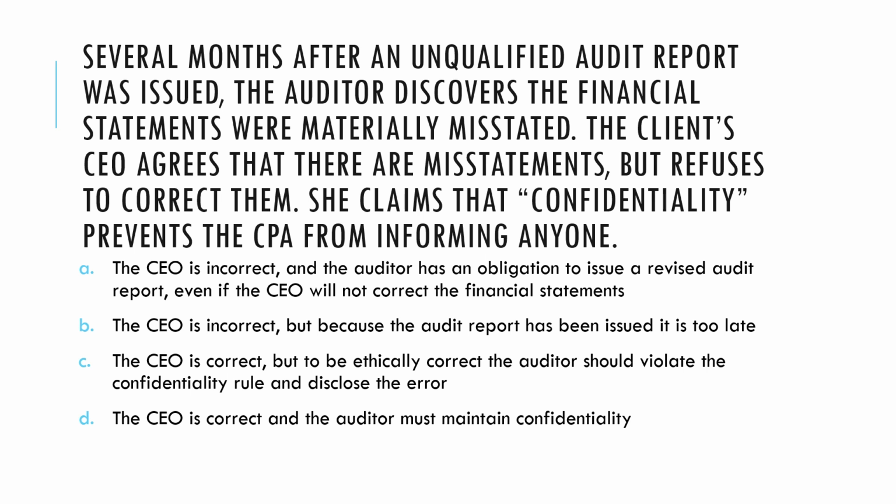Now, our first question tells us that several months after an unqualified audit report was issued, the auditor discovers the financial statements were materially misstated. Note that this discovery occurred after the issuance of the unqualified audit report. This means that if we look at the timeline of our subsequent event responsibility, this already occurred in that period where the auditor simply waits for information to come to his attention.